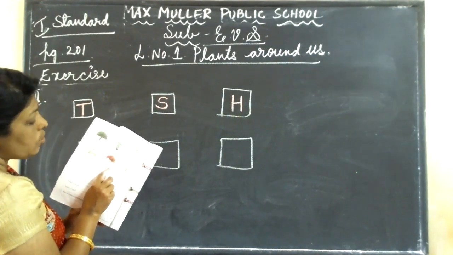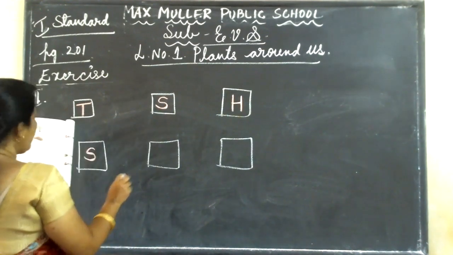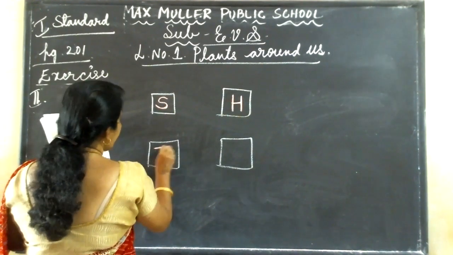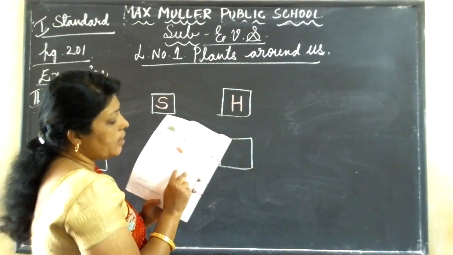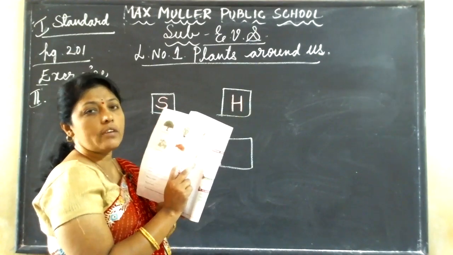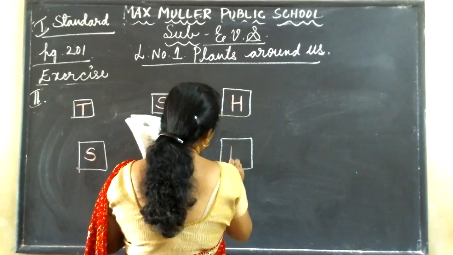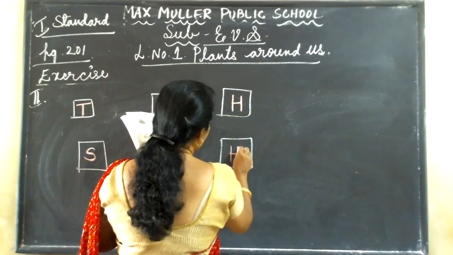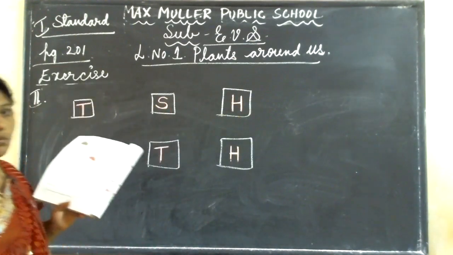Then come to the fifth picture. It looks tall and big, isn't it? Tall and big plants we call trees. You write T. And again, the stems are very thin, and they are non-bushy also. So thin, weak stem and non-bushy plants we call herbs.